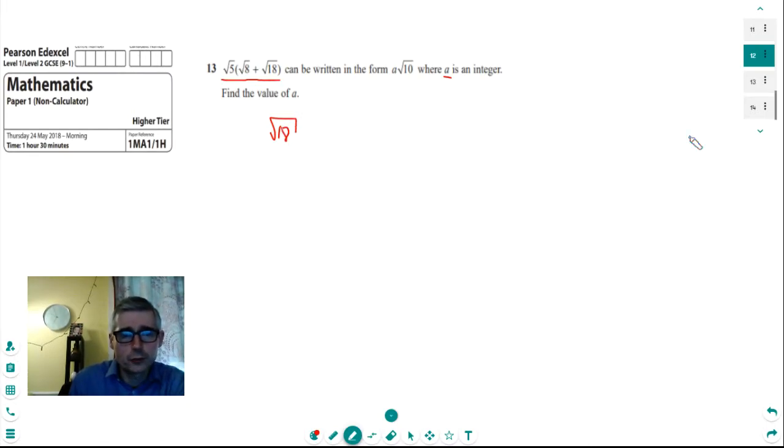So if we look at the number 18, we can see that the 18 can be broken down into a product of two numbers, one of which is a square number, i.e. we can say that 18 is 9 times 2. And we can separate that out.